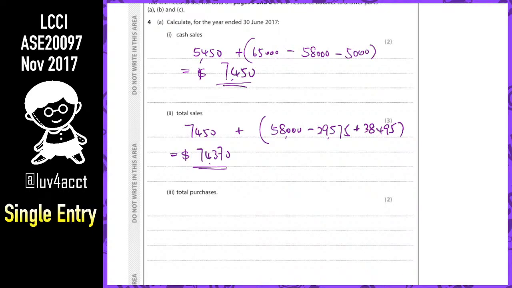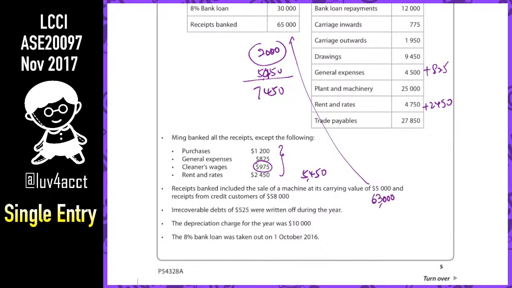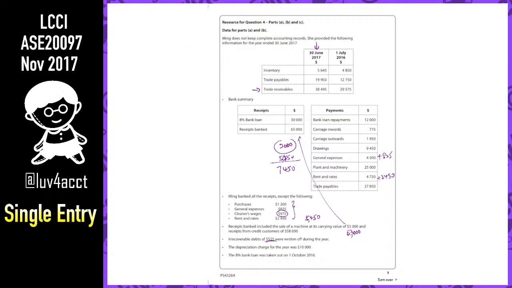Let us calculate again. 58,000. Later we see if there's anything else that we need to adjust. Yes, because there is irrecoverable debt. Then we have to add irrecoverable debt as well. Yes, irrecoverable debt at 525, is it? Let's check again. 525, yes.